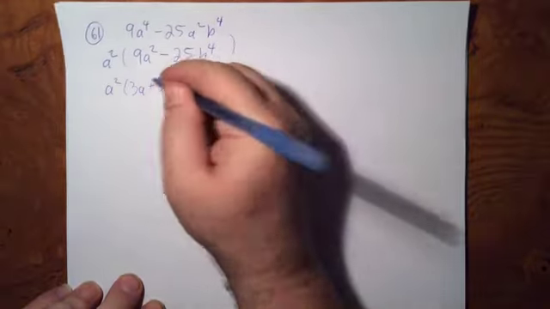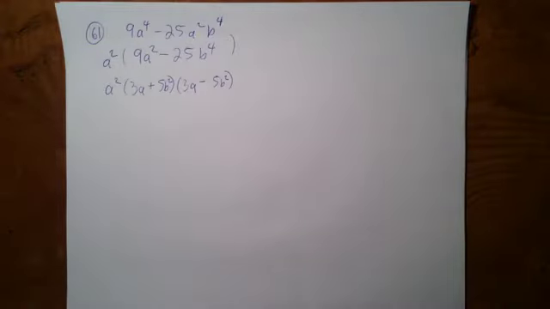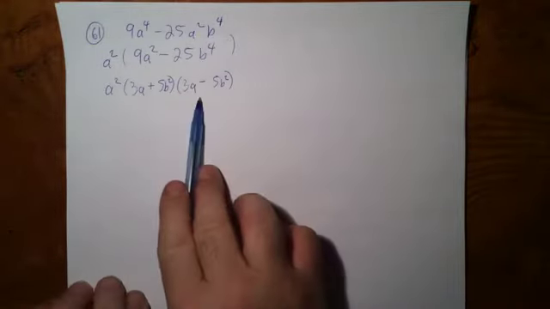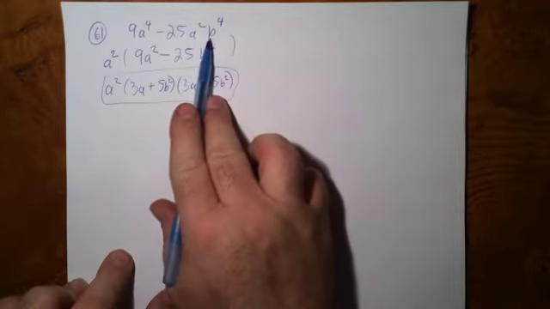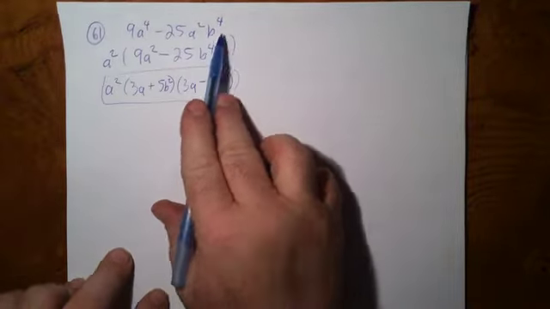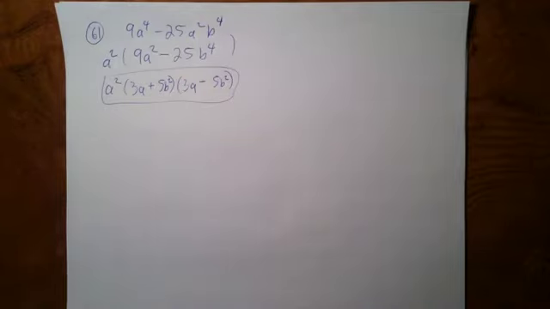And again, we put a plus and minus here, and we now have all the factors that make up the factors for 9a to the fourth minus 25a to the second, b to the fourth.